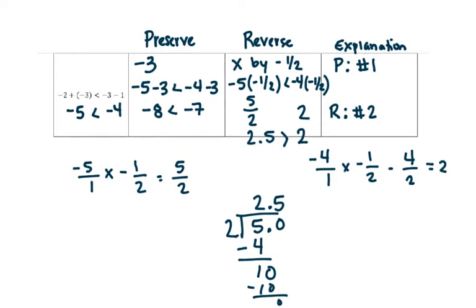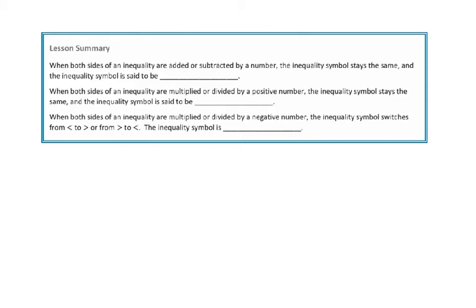So in this last slide that I have here for you guys, I want to just review what we just covered. So when both sides of an inequality are added or subtracted by a number, the inequality symbol stays the same, and the inequality symbol, if it's staying the same, is said to be preserved. Okay?